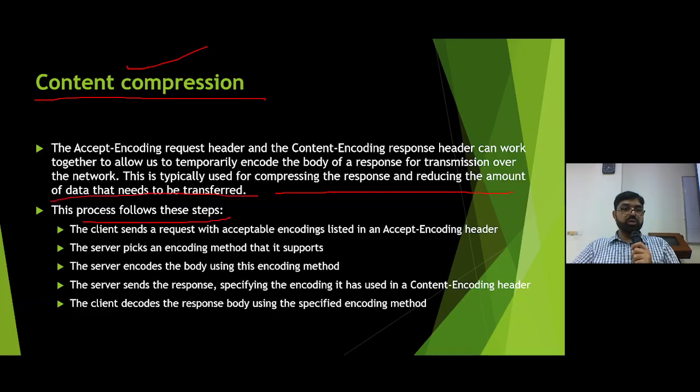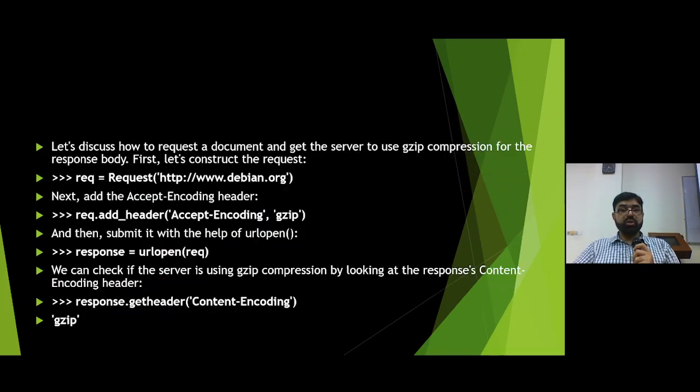This process follows these steps. The client sends the request with the accepted encoding list in the Accept-Encoding header. The server picks an encoding method that it supports. The server encodes the body using the encoding method, and the server sends the response specifying the encoding in the Content-Encoding header. The client decodes the response body using the specified encoding method.